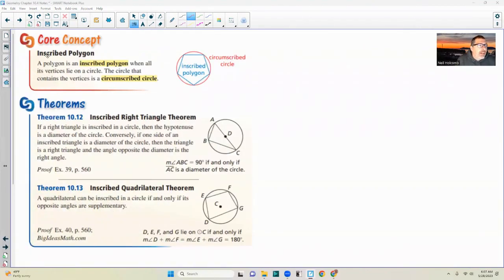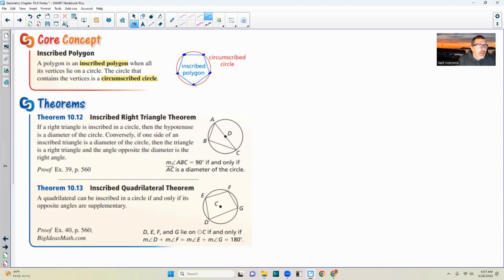All right, so now we have a core concept about inscribed polygons. A polygon is inscribed when all of its vertices lie on the circle. So notice what we have here. We have a pentagon, a five-sided figure. This vertex is on the circle, this vertex is on the circle, this one is, this one is, this one is.